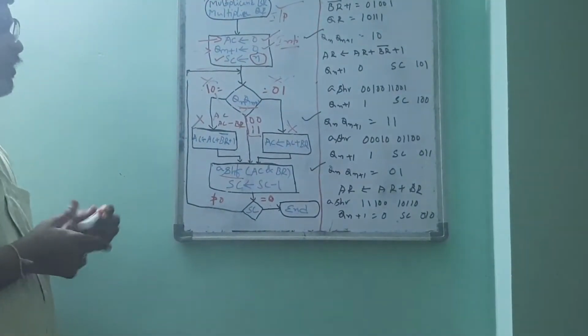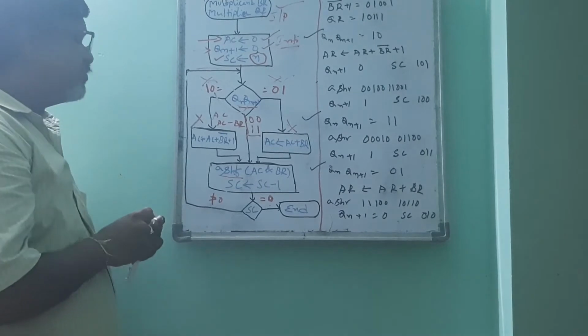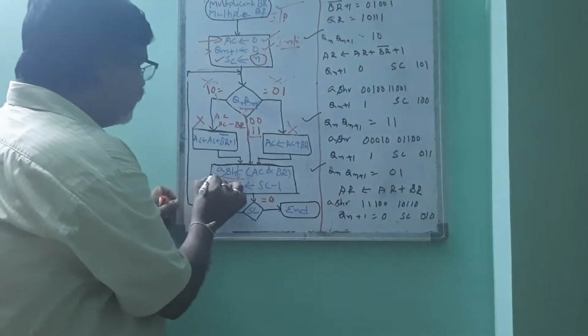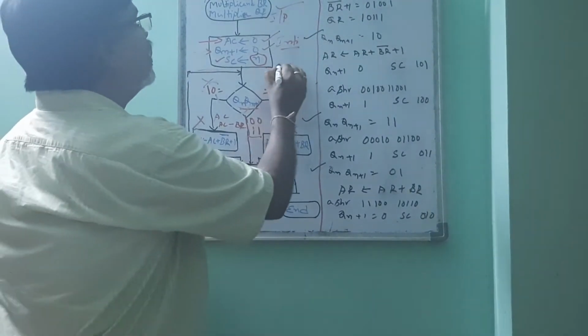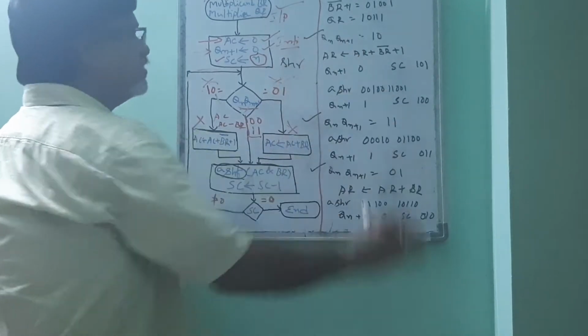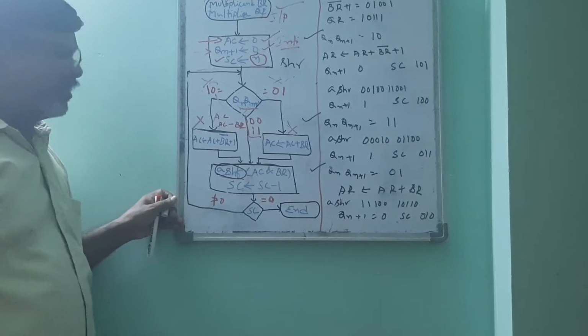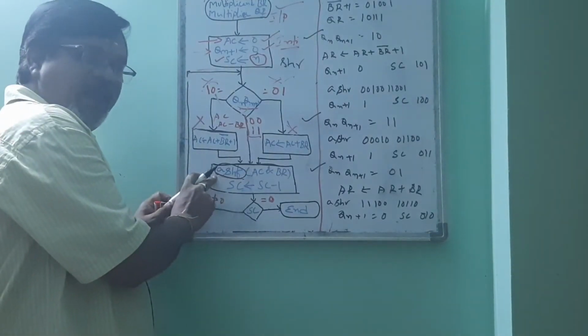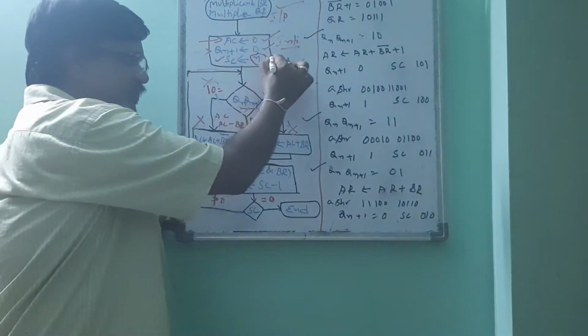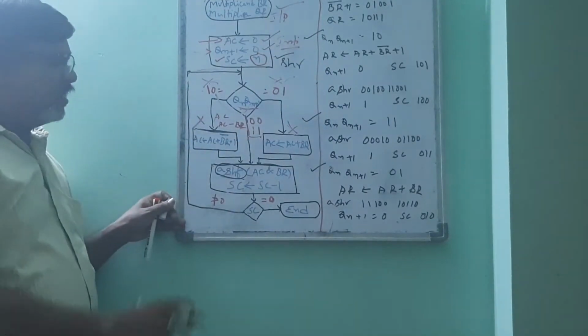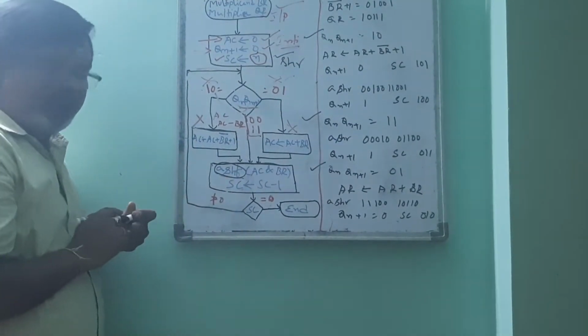And remember, in the previous multiplication algorithm, for this shift we used a command called SHR, shift right. But here what are we using? ASHF. What is the difference between SHR and ASHF?